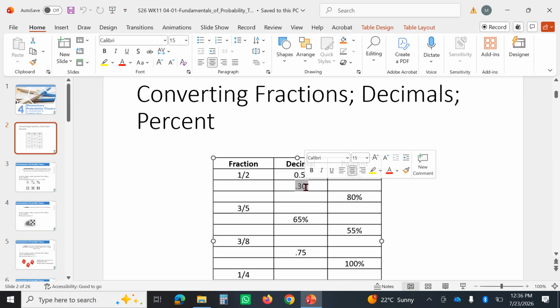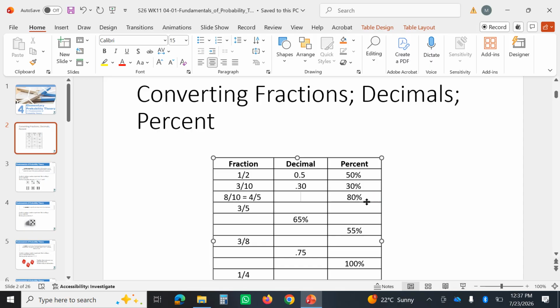It's easier to go from decimal to percent, because 0.3 would be 30%. And 30% would be 30 out of 100, or it can just be 3 out of 10. 80%, 0.8, 8 out of 10. 8 divided by 10 equals 4 divided by 5, put into lowest terms.